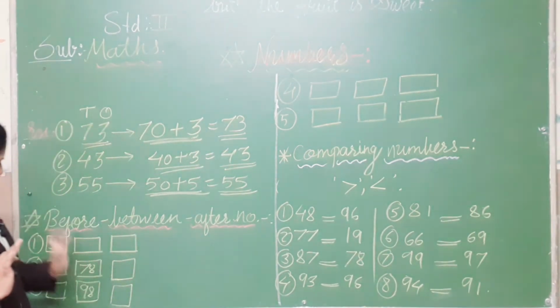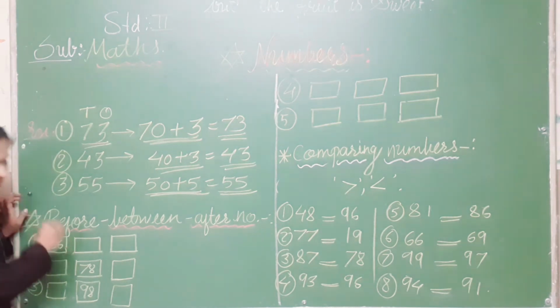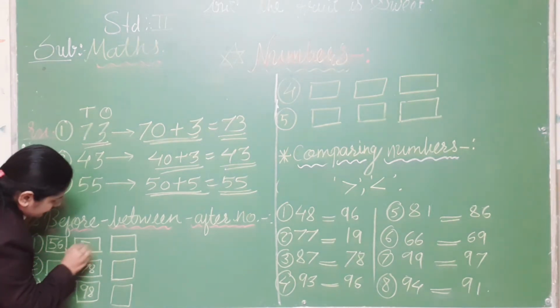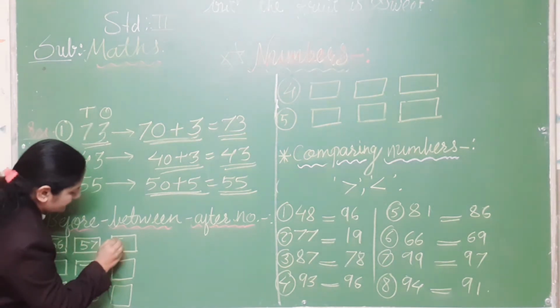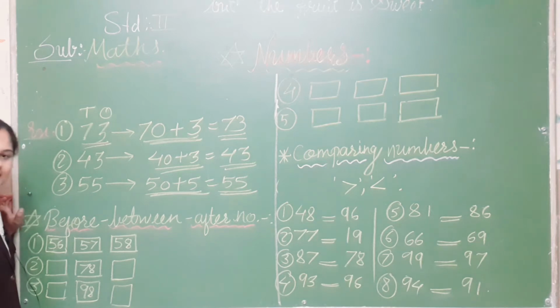Clear? See the first example, number 56, and here the after number of 56 is 57, and the after number of 57 is 58. As you know, after number means the number that comes later.